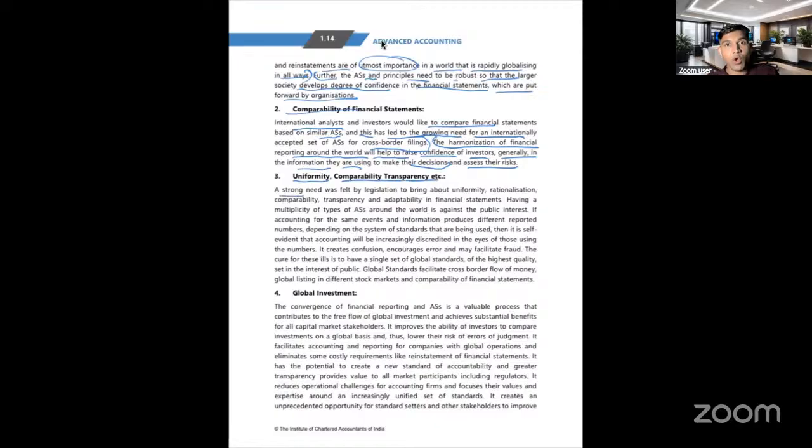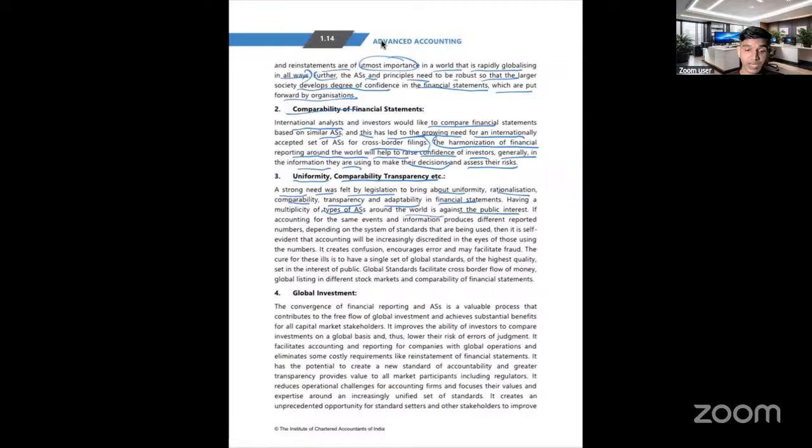A strong need was felt by the legislation to bring about uniformity, rationalization, comparability, transparency, and adaptability in the financial statements. Having a multiplicity of types of accounting standards around the world is against the public interest.